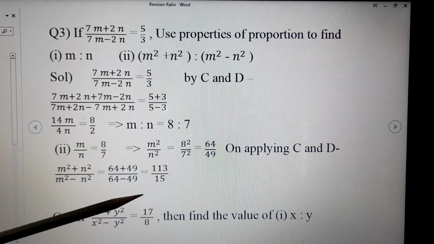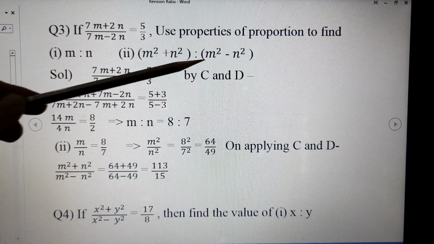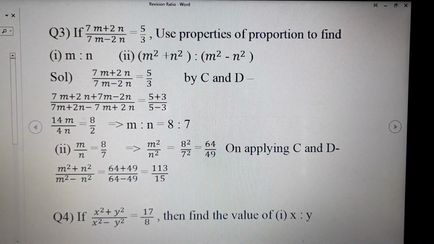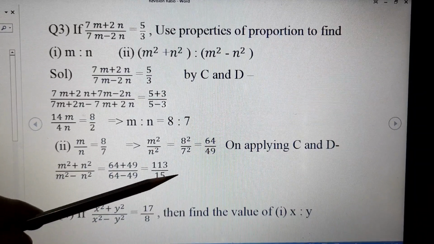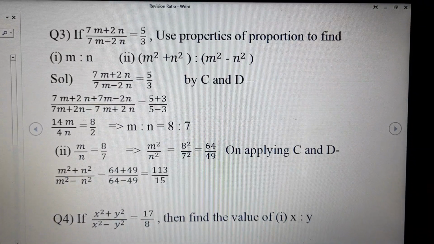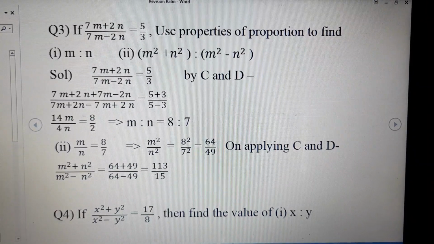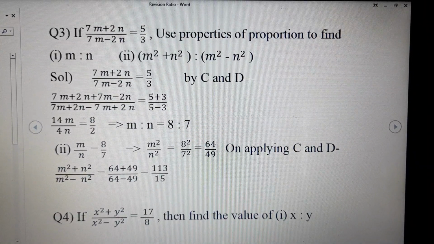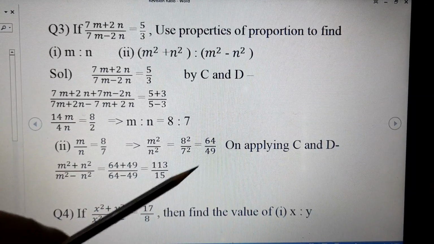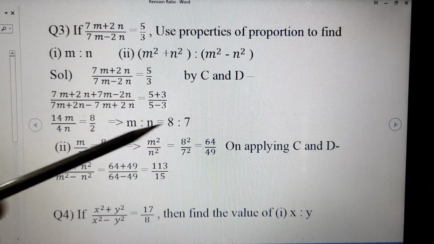Clear? Do we need to leave our answer here only? No. Because in the question they asked us to leave our answer in ratio form. Then you are supposed to answer like 113 is to 15. You are not supposed to leave your answer as 113 divided by 15. You need to write one more step over here, 113 is to 15, as I have written 8 is to 7.